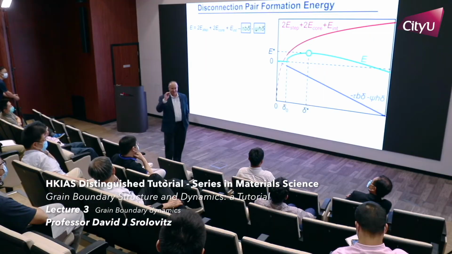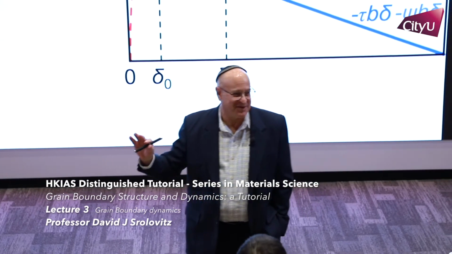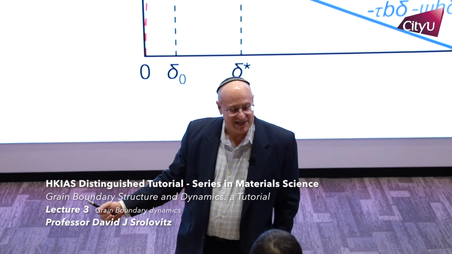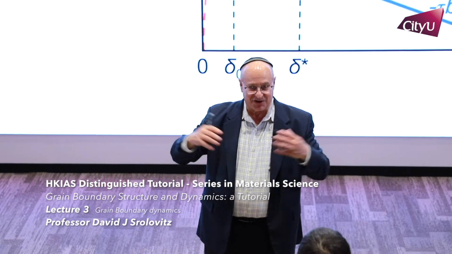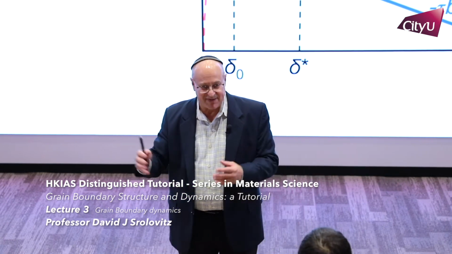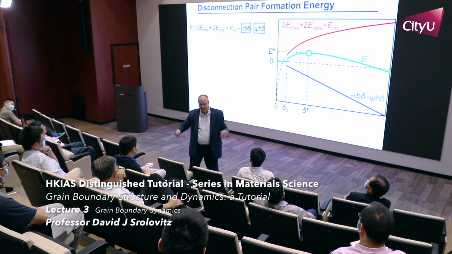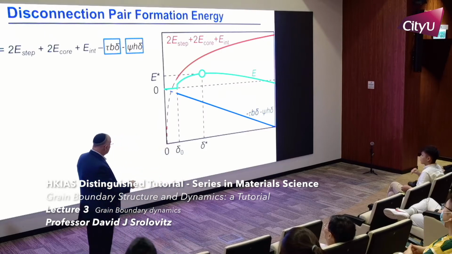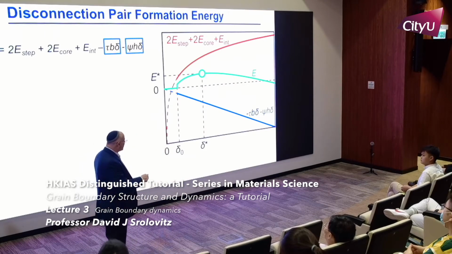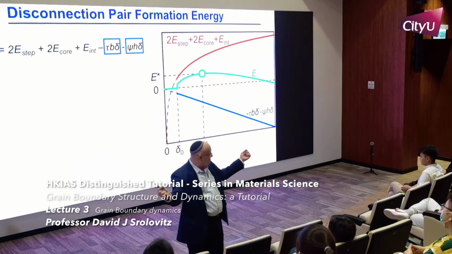Now, this is exactly the way we do nucleation theory, right? You know, there's an energy difference between two phases. There's a surface energy. You balance them out, and when it gets big enough, it lowers the energy for it to continue to grow. Here, if I apply a stress or apply a chemical potential difference, assuming I can get across the barrier, then the energy will go down if those two things separate.